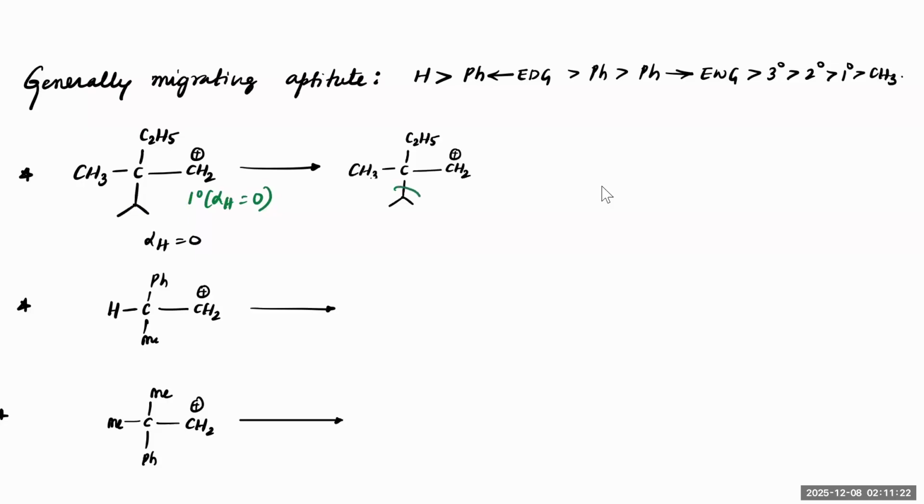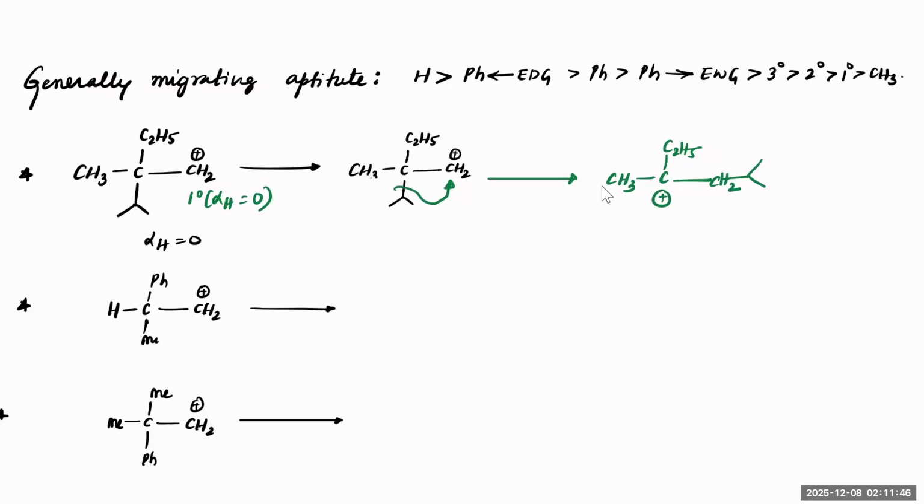So this isopropyl, we will shift onto this carbon. And what do we get? CH3, C, C2H5 with a positive charge here, and this methyl group has shifted here like this, and CH2.